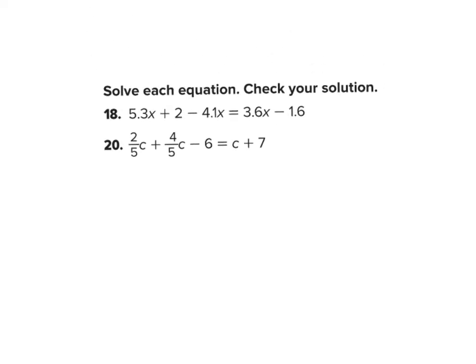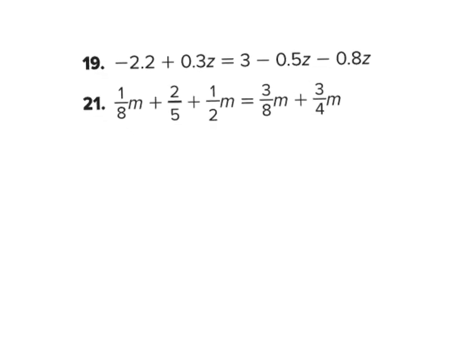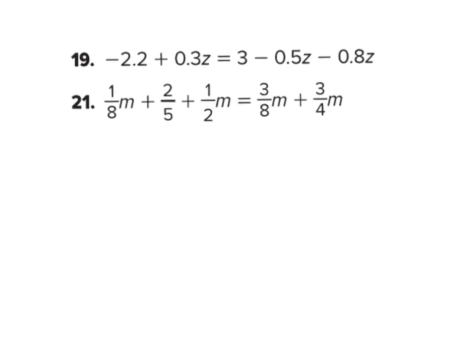Okay, to wrap up these practice questions with equations, we're going to try a couple more, and I'd like for you again to add these to your paper as we are practicing these together. Okay, so let's go ahead and try number 19.